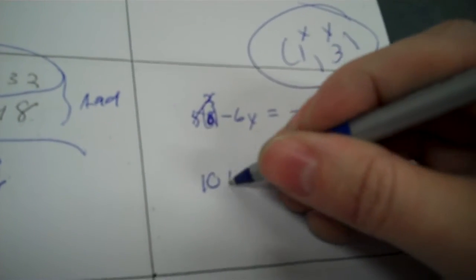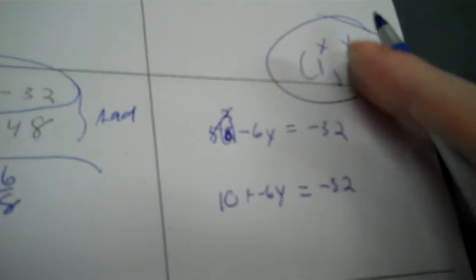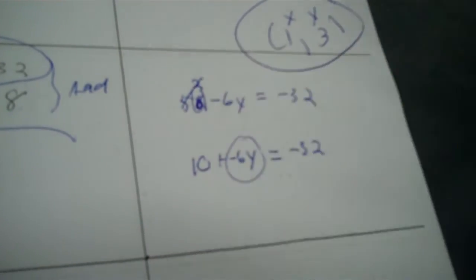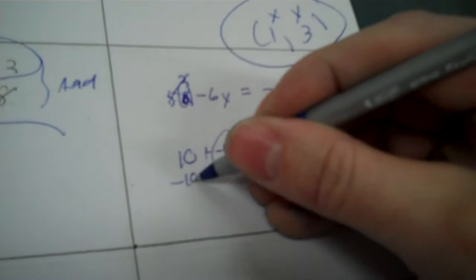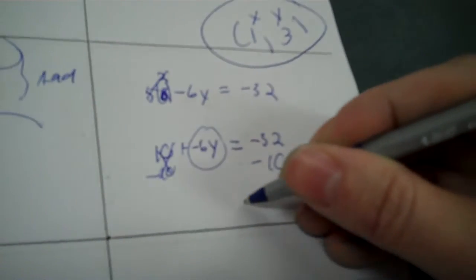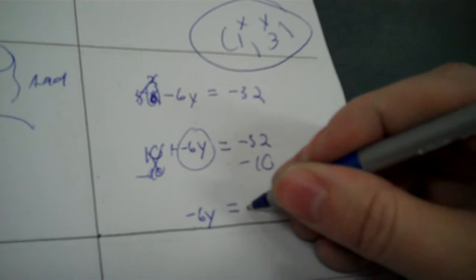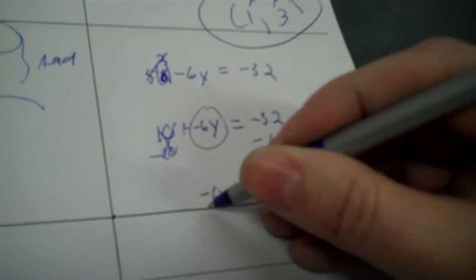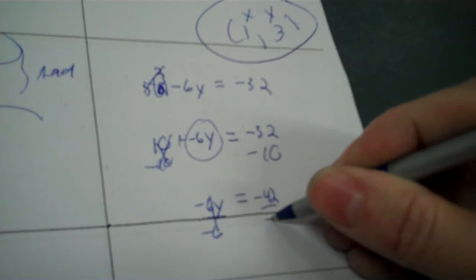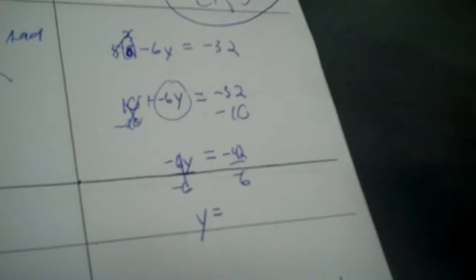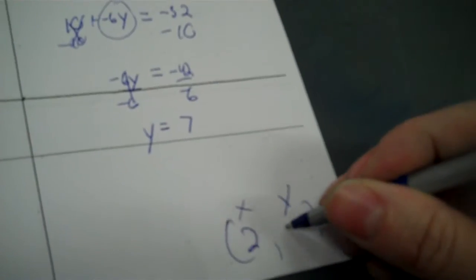And then put plus negative 6y. Now, get rid of your 10. You're going to subtract your 10. Negative 32 minus 10 is negative 42. And then divide by negative 6. It's going to be 7. Okay? 2, 7.